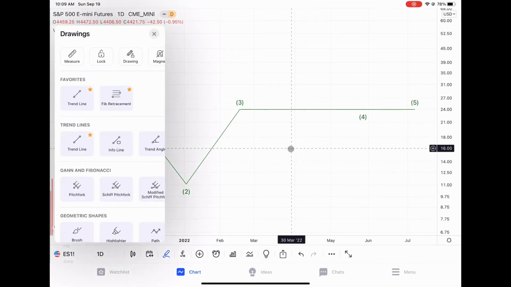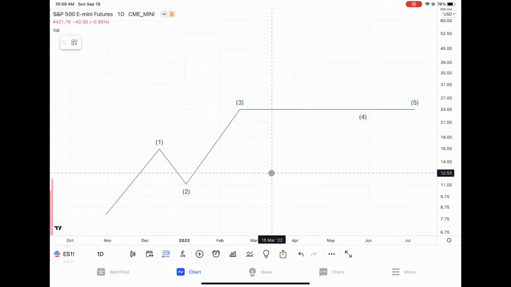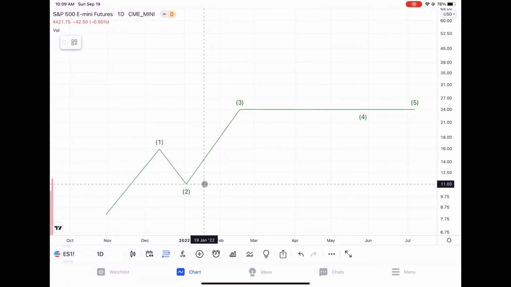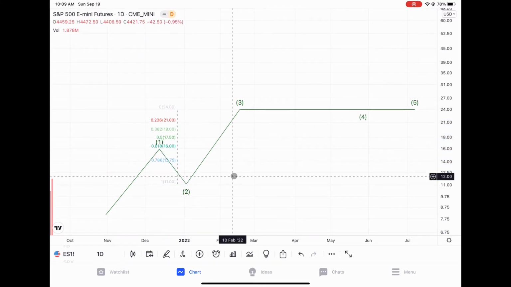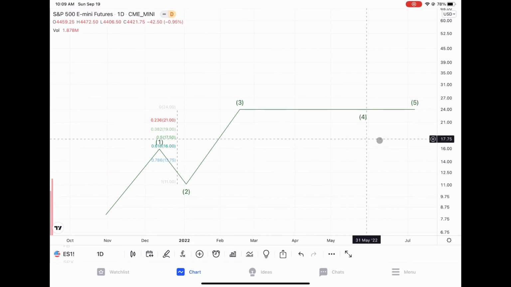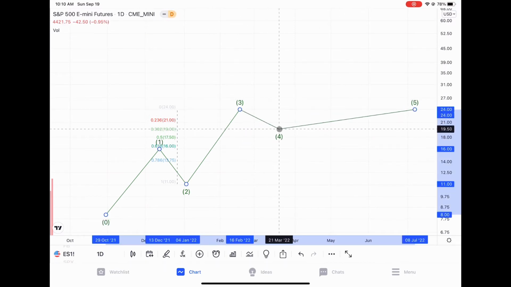So to calculate where wave 4 might land, you take your fib retracement tool from the bottom of 2 to the top of 3, and around there, maybe $19, so it'll trade between $19 and $13.